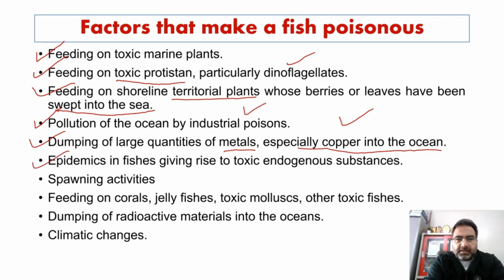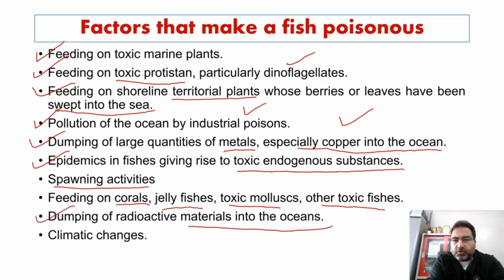Epidemics in fishes giving rise to toxic endogenous substances, spawning activities, feeding on corals, jellyfishes, toxic mollusks and other fishes, and dumping of radioactive materials into the oceans are also important causes.